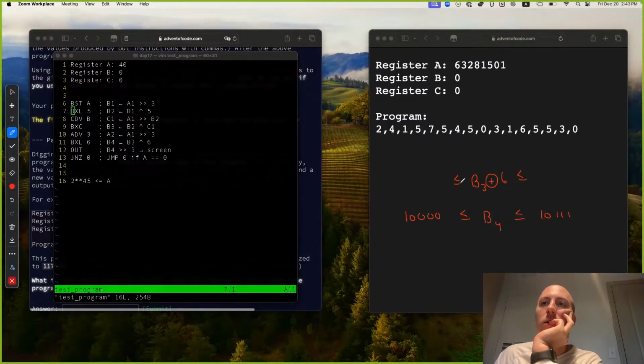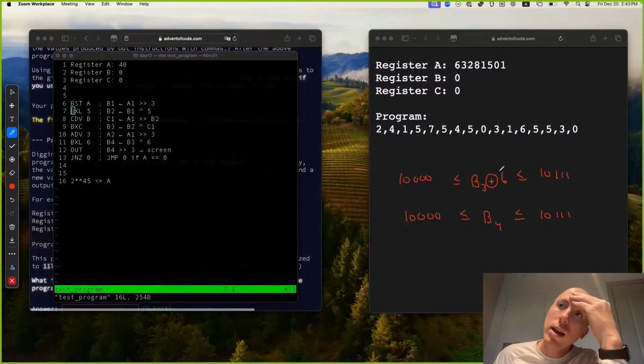Less than or equal to. So now we're saying, for what values of B3, when we XOR it with 6, will be in this range?